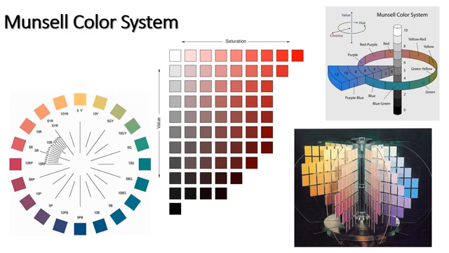And every main hue and every intermediate hue is being divided into 10 parts. So total 10 hues in the circle, and every hue is divided into 10 parts. So total 100 hues will be in the Munsell system.